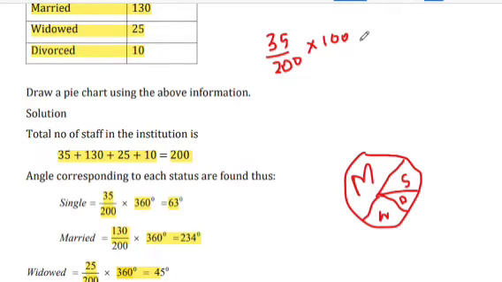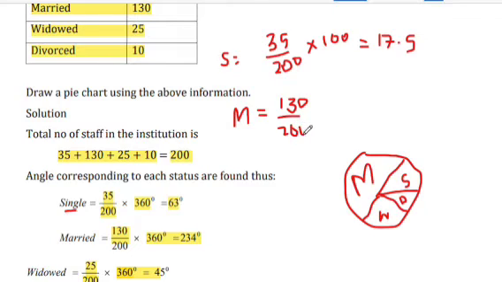So this is going to give you 17.5%. This is for people that are single. Let me just use S for single. Here I am looking for the percentage. Then married, people that are married is going to be 130 divided by 200.